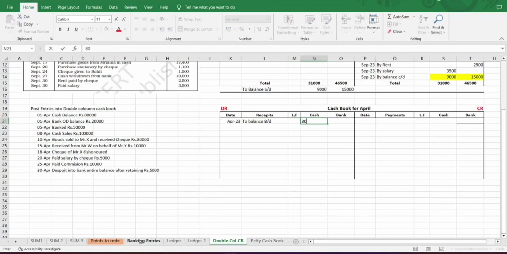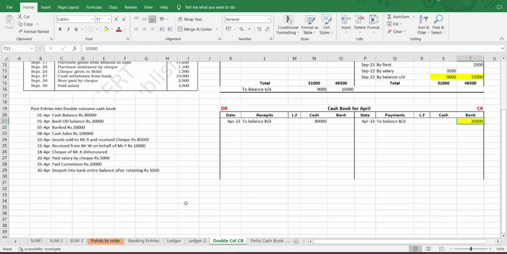Cash balance is always a debit balance, 80,000. Similarly, we have the OD balance, so it will affect our credit side, 20,000. It's very important to remember that OD balance has to be brought down on the credit side.